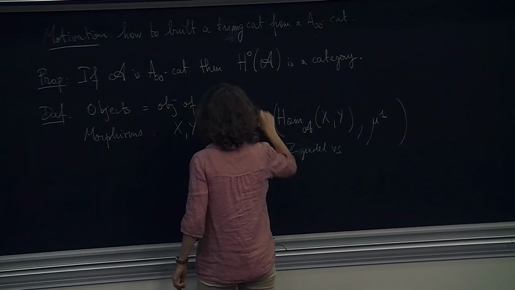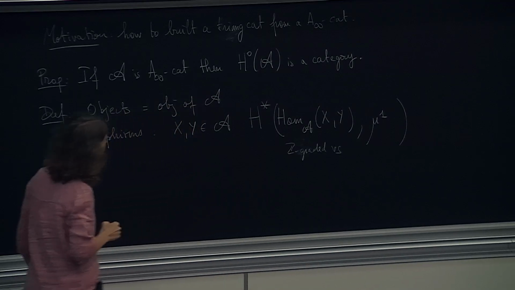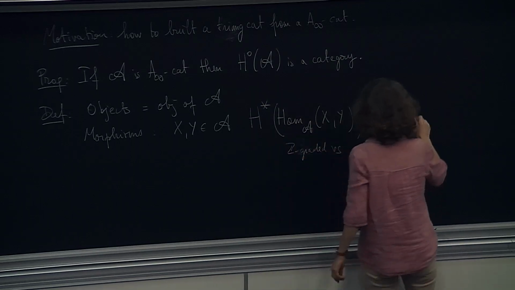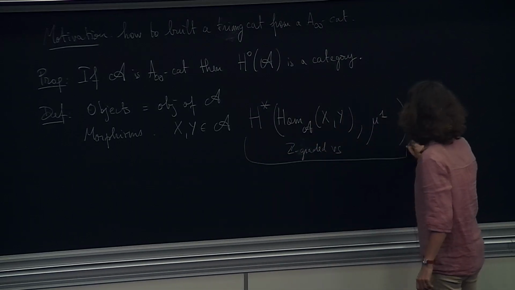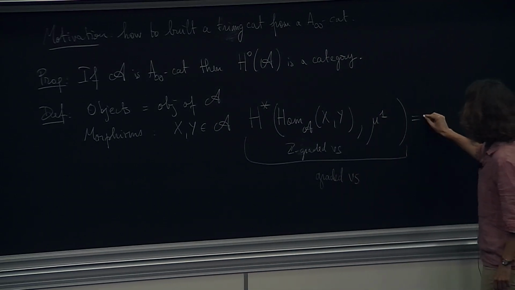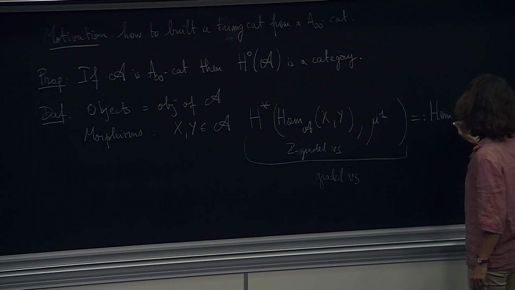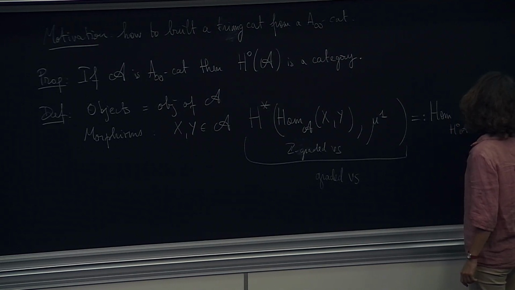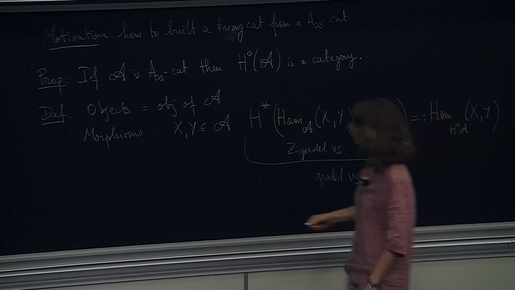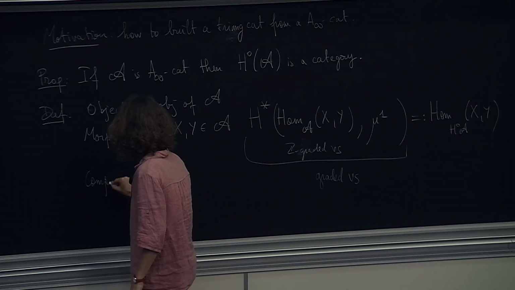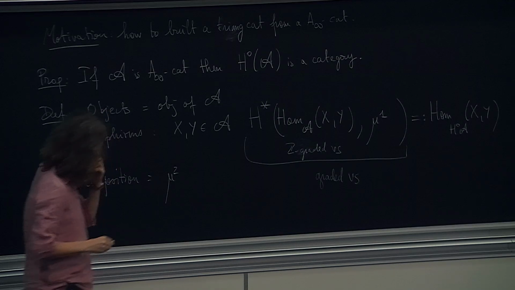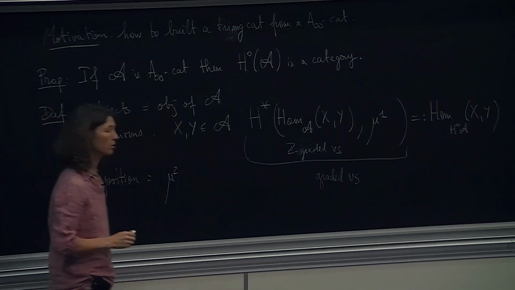So I could take the cohomology of this complex. I get then just a graded vector space, and this will be the Hom spaces between my two objects X and Y. And for composition, I just take mu2, but on these cohomology classes.